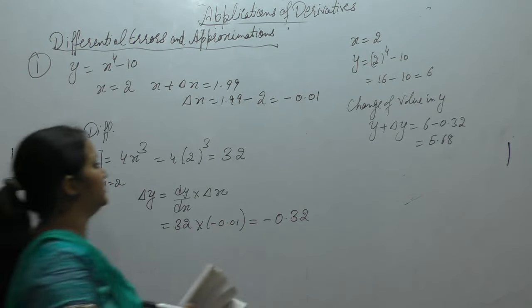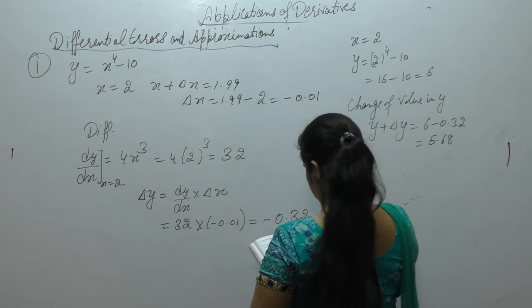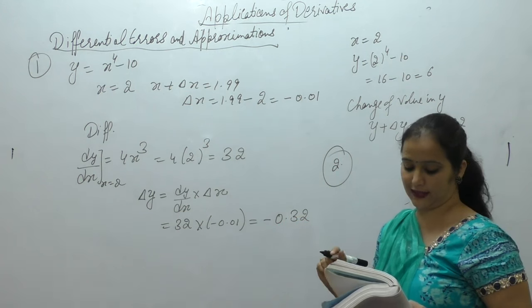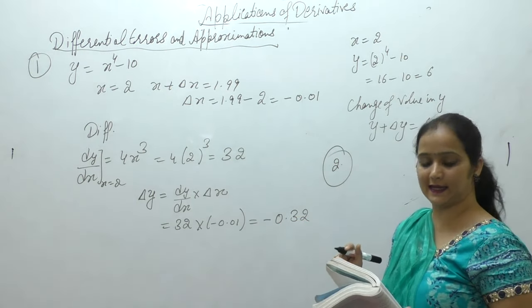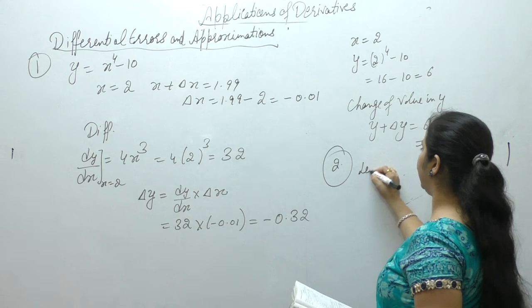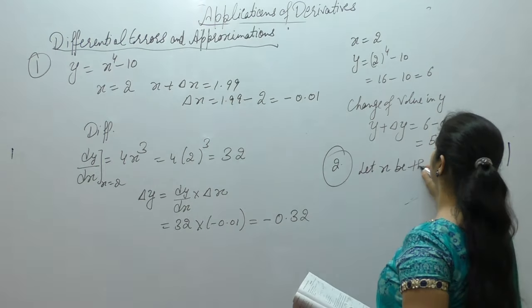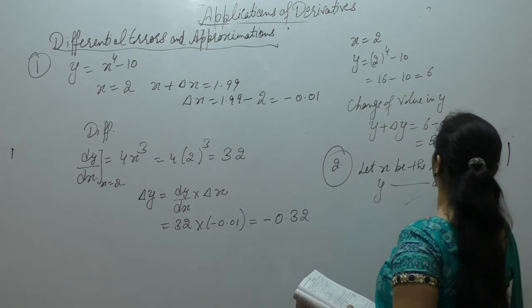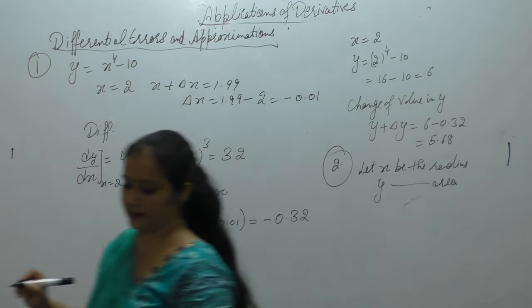Now the second one. A circular metal plate expands under heating so that its radius increased by 2%. Let x be the radius and y be the area of the circular metal plate. Clear?